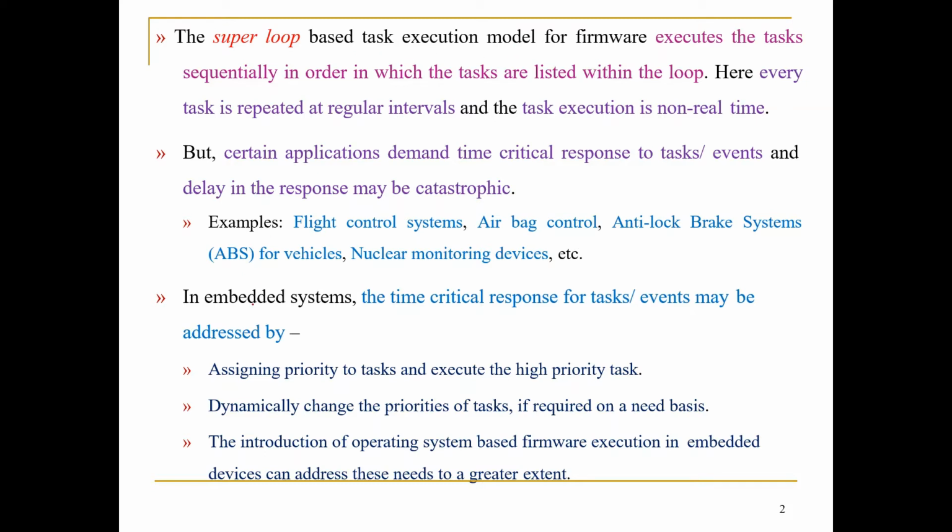In case of most embedded systems, the time critical response for task events may be addressed, which means that normally an embedded system will be expecting the response to be as deterministic as possible.